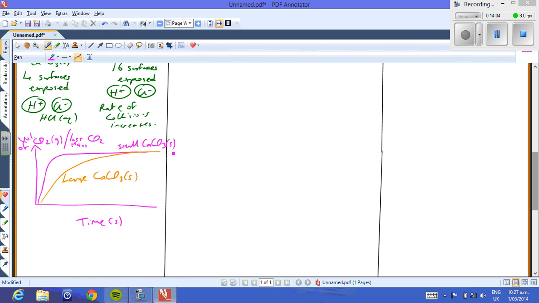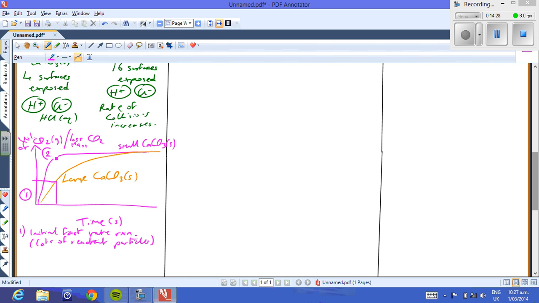There are 3 sections to the rate curve, and this applies to temperature or concentration as well. The first section right here is an initial fast rate of reaction, and that's because you have lots of reactant particles, therefore they can collide together and have effective collisions.